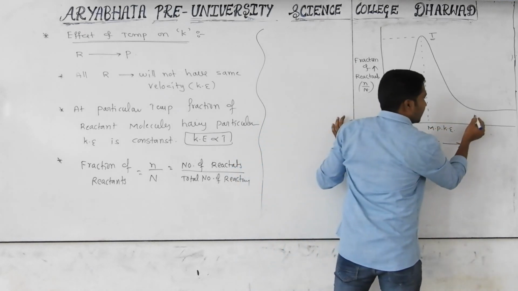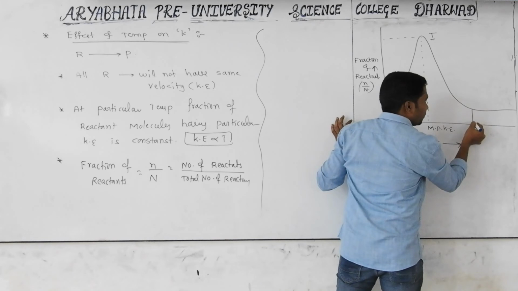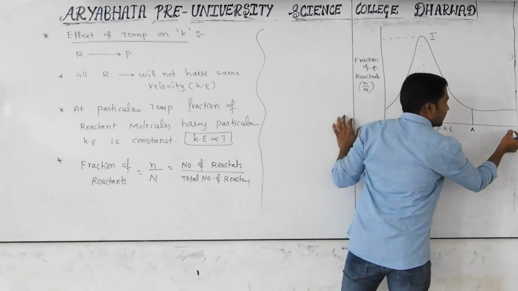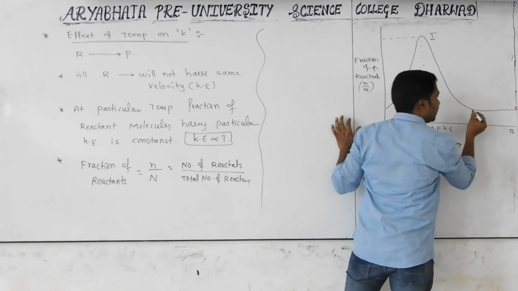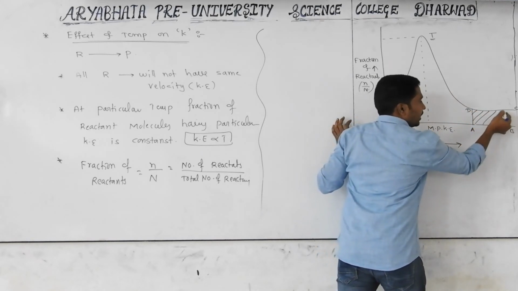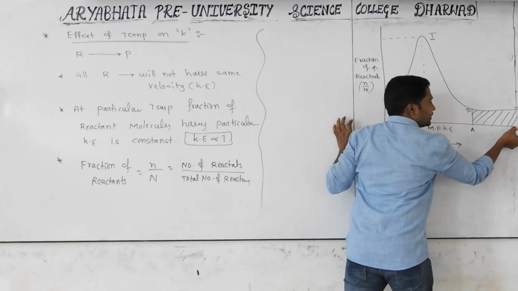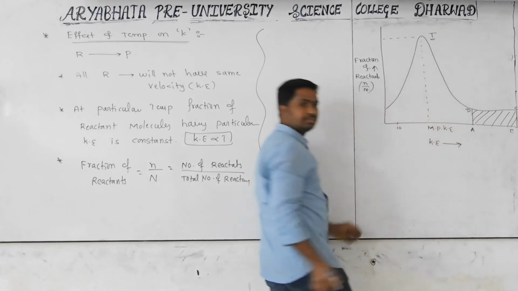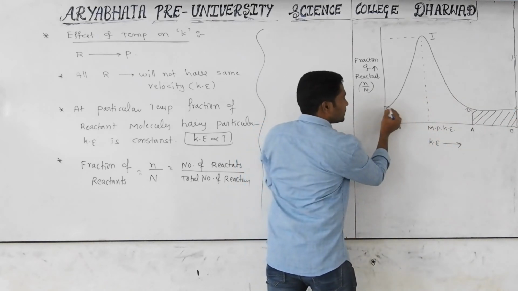And what is this area? For example, I am shading this area. You have to observe very carefully: A, B, C, and this is D. You shade this area. What information is given by this area? Anybody?